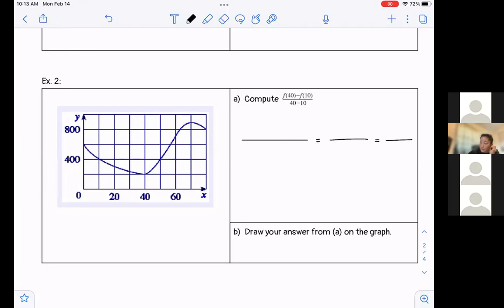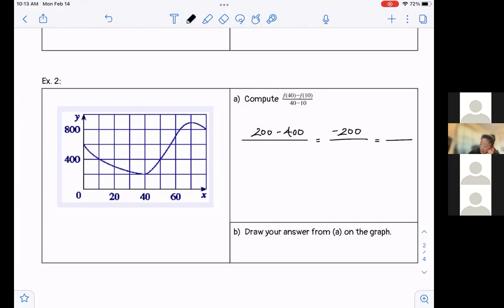All right. Anyone have any values that I can plug in here? What would I put instead of f of 40 minus f of 10? What two numbers could I put up there? 200 and 400. Yeah, 200 minus 400, which we know will give us negative 200. Great.